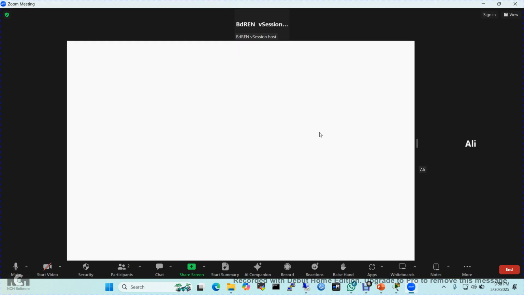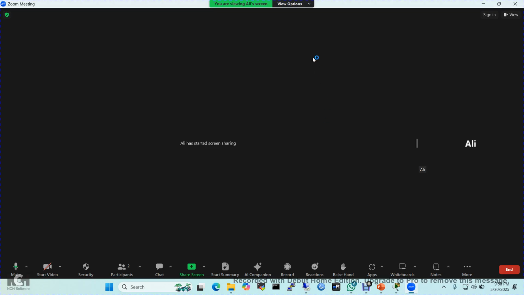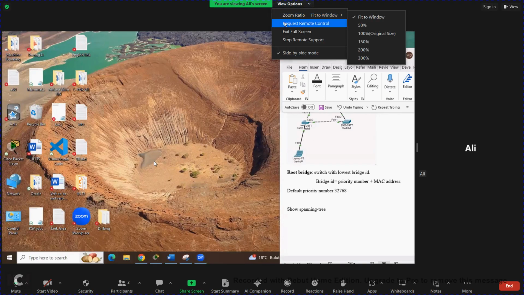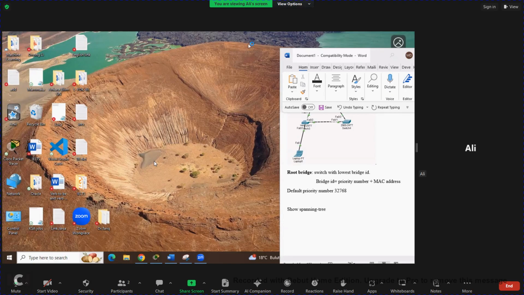Now I can see the view option in the share part. If I share from my side, you will get a view option.